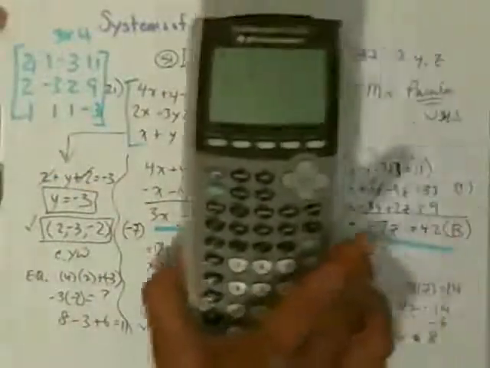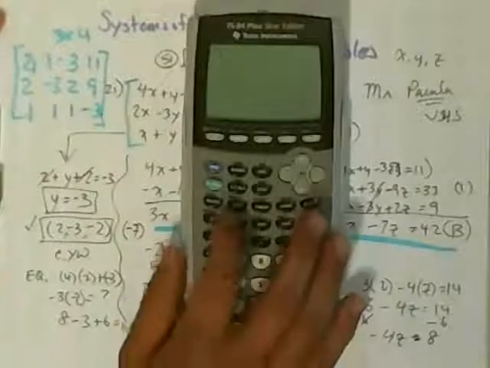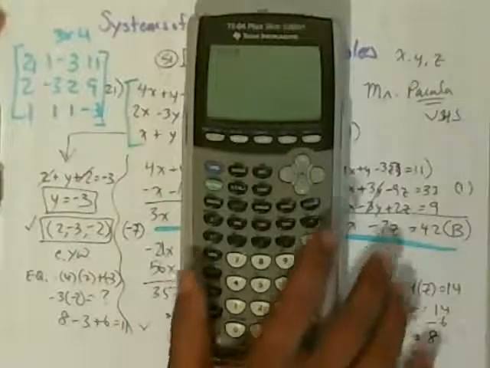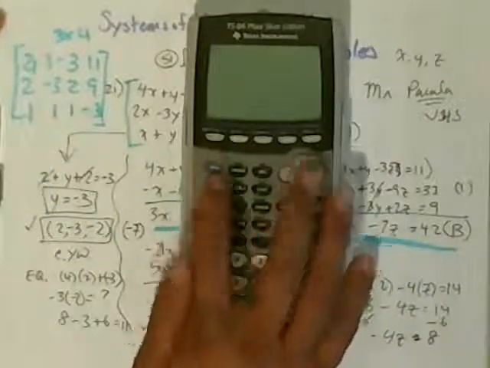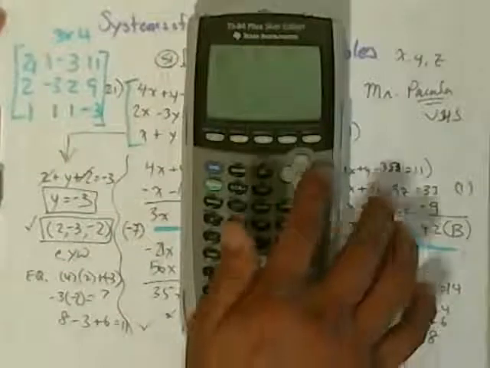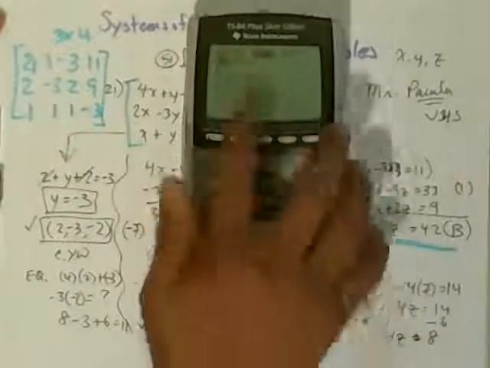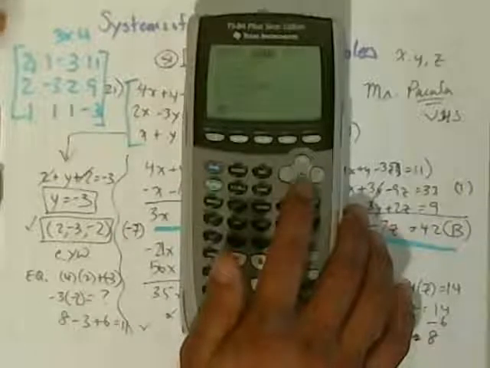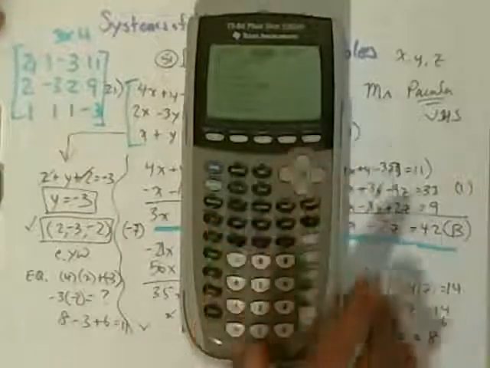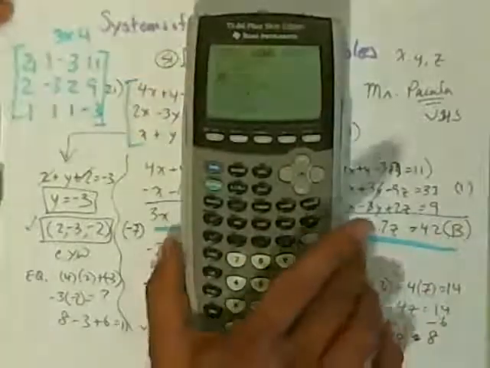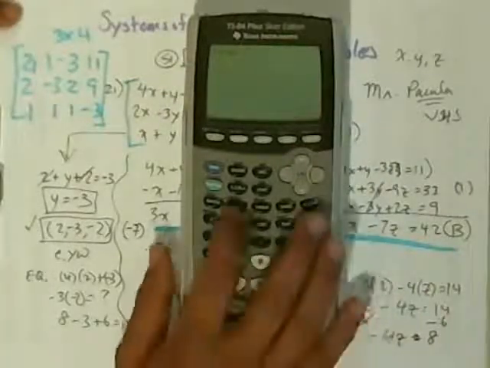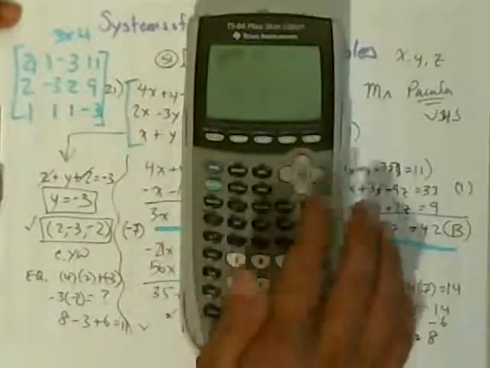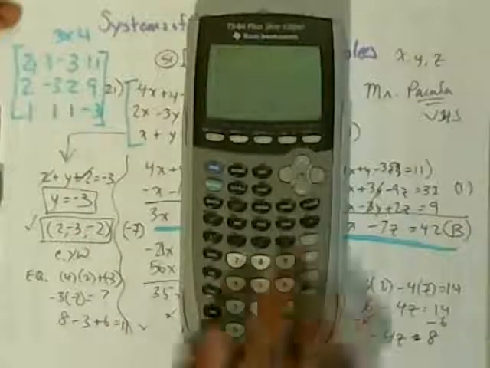And then, since I created the matrix, I'm going to go into matrix again, and then go to math, the second tab on the right side, so I use the right arrow key. I'm going to use what's called the rref, reduced row echelon form, and I'm going to take that of the matrix A, which I just created.